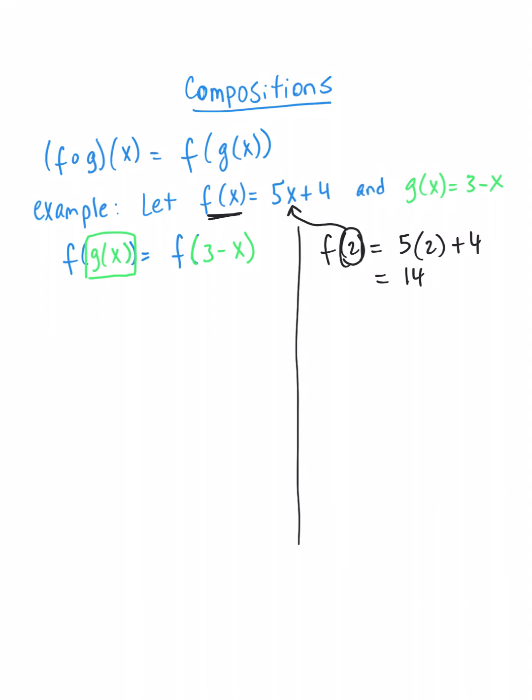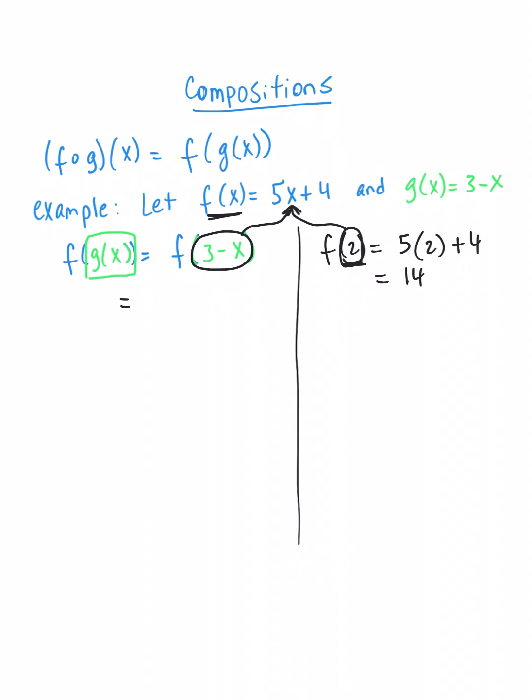And that's your answer. What I want you to keep in mind is that when you're finding f of anything, something like 3 minus x, it is the exact same process as if you were doing it with just a number. So you are going to plug this in for the x in f of x, the whole thing.